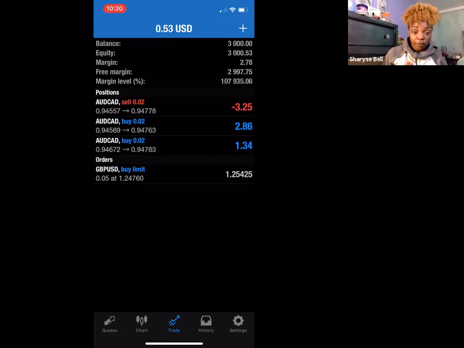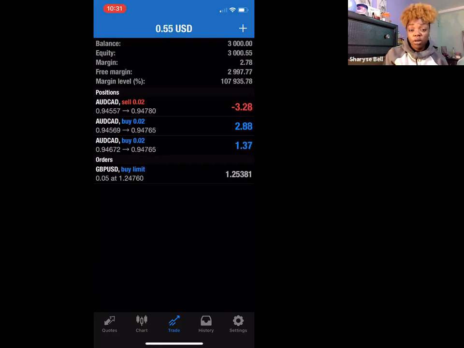Now to the right of those words, we actually have the balance, which is how much money we have in our account. Your equity, right? Your equity is literally going to be how much money am I going to have after I close out all of these trades, right? And then your margin, I believe that's just the money the broker puts away for you.